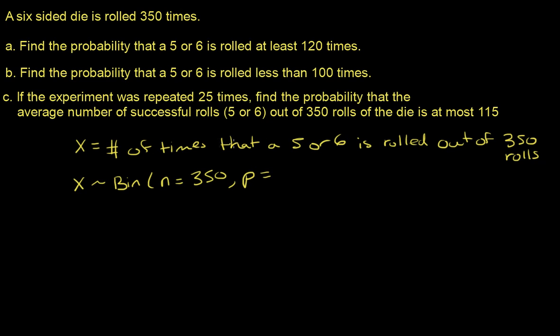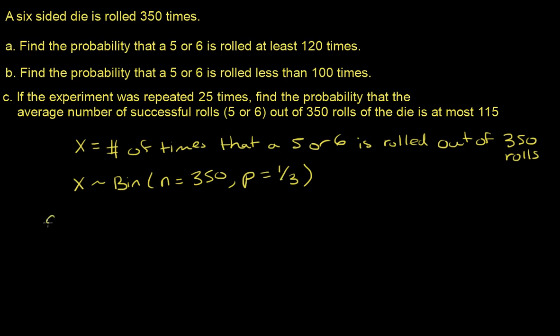Okay, so you can roll a 5 or a 6 and it's considered a success. So there are six total sides on the die. So that's 2 out of 6 are a success. 2 out of 6 is the same as 1 out of 3, or 0.3333, right? So this is our random variable x is binomially distributed with n is 350 and p is 1/3.